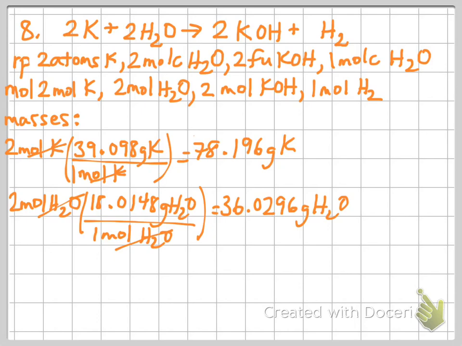Okay. Potassium hydroxide, 2 moles of potassium hydroxide. 1 mole of potassium hydroxide has a molar mass of 56.1049 grams.